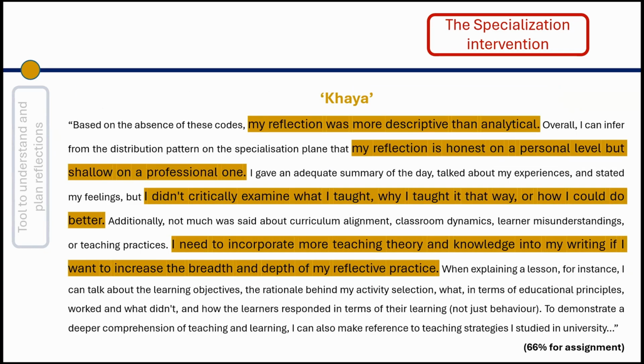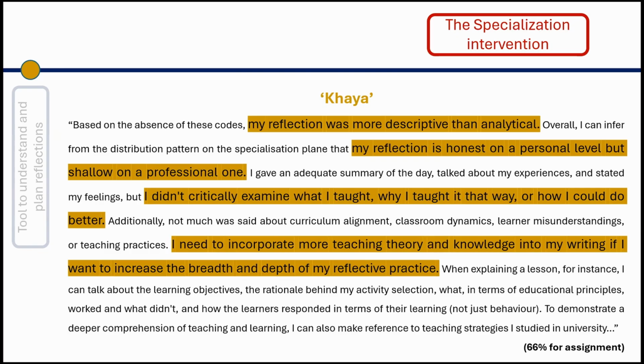Now, Kaya, in her essay on what the coding and the mapping of her reflection showed her, made these amazing insights. She said she was able to discern that her reflection was more descriptive than analytical, that it's honest on a personal level, but shallow on a professional one.